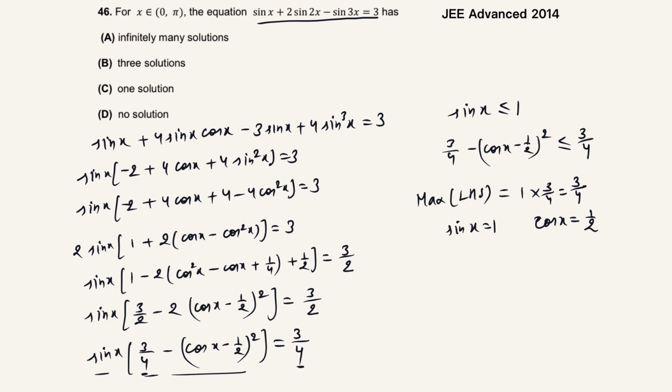And sine x equals 1 means x should be pi by 2, and cos x equals half means that x equals pi by 3. And these are not possible at the same time. Therefore, this equation has no solutions.